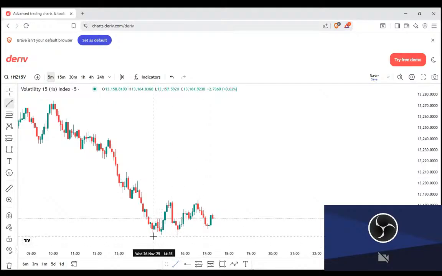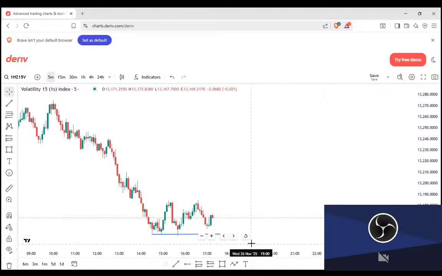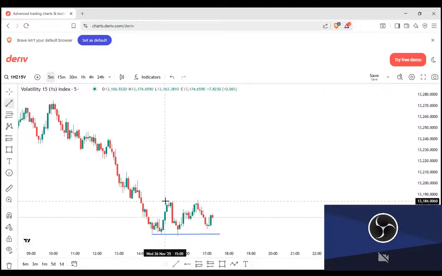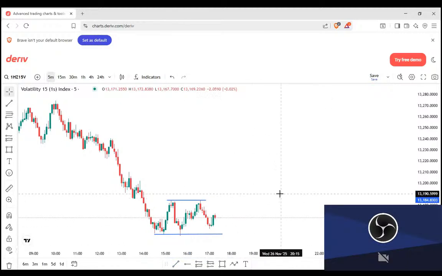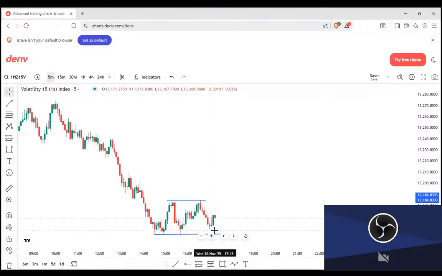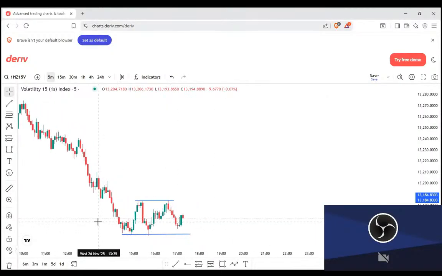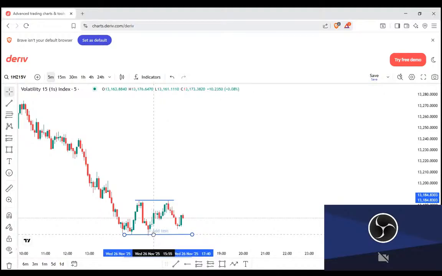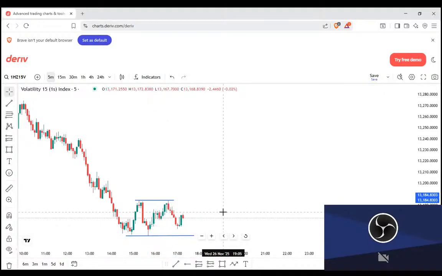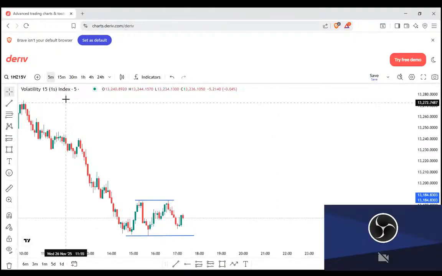And we now have this low as the lowest level here. Price gave us this high, which it is respecting. Price is respecting 13184, and then pulled all the way to 13152. Let's see if this zone is going to hold.